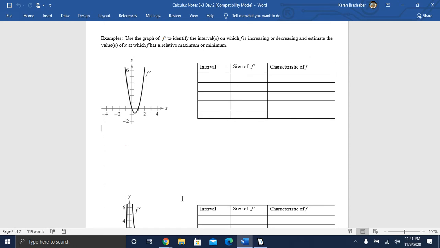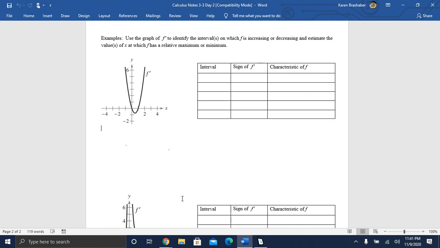So this time, instead of looking for what's going on in terms of decreasing and increasing, you need to be focusing on where is the graph positive or above the x-axis, and where is it negative or below the x-axis.